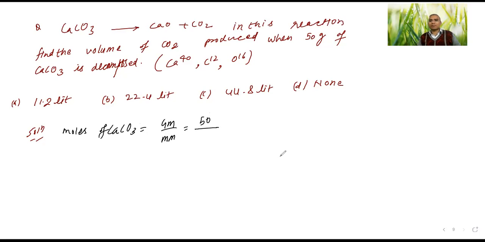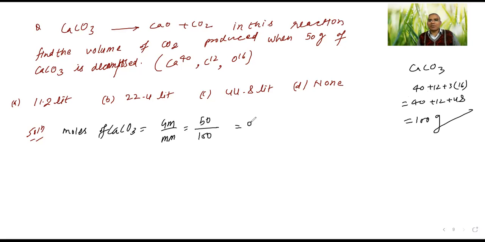Calcium 40, carbon 12, and oxygen 16, so 40 plus 12 plus 16 times 3 is 100. So it is coming 0.5 mole.